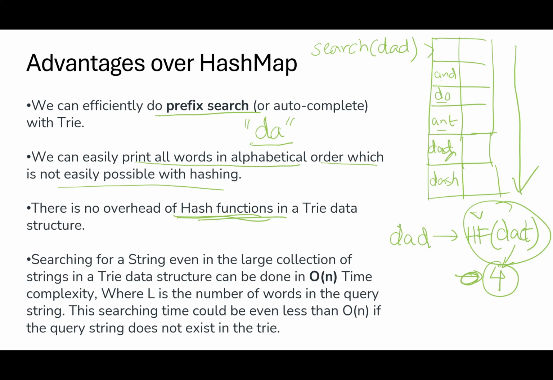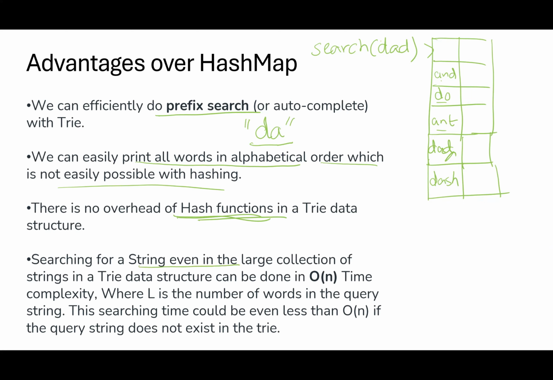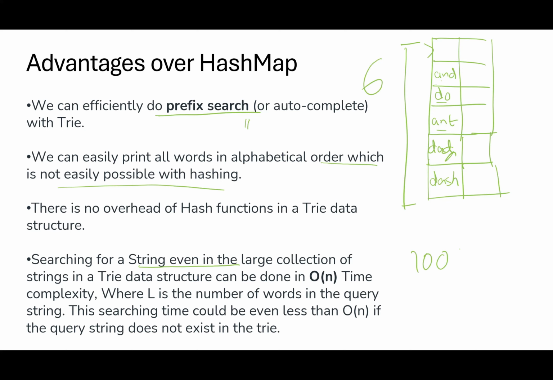And the final thing is, even for a string collection that is large, say my hash map is not that big. Say my hash map has, say, how many locations? For this hash map, it has 6, okay? But I have put like 100 words into this hash map. That means each of these locations will have like 10, 15 words, right? So someone says, okay, look for a word, apple.